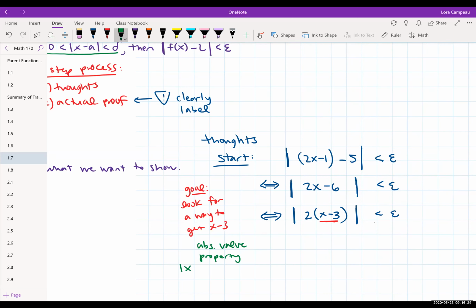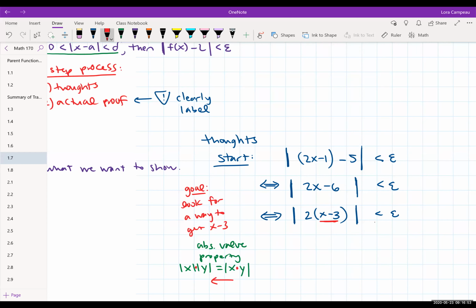So if you have 2 absolute values being multiplied, we learned that we can say, oh, that's not a big deal. We can combine them on the inside of the absolute value. There we go. What we're looking at is we're coming from the right to the left.